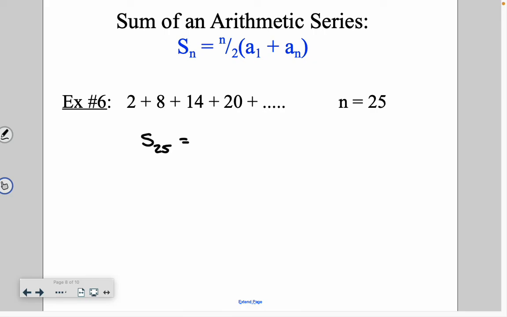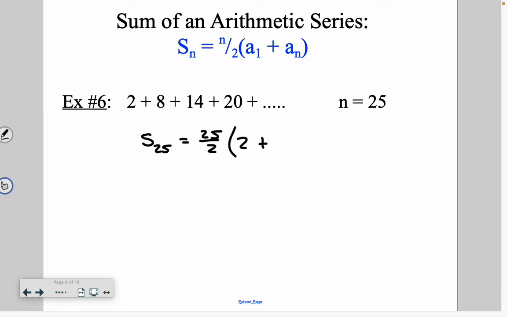All right, so in this case, if we start using this formula, n is what? Yeah, we're finding the sum of 25 terms. So we're going to go 25 over 2. First term is 2 plus a sub 25, right? I need the value of the 25th term. How do I find that? I don't have that.